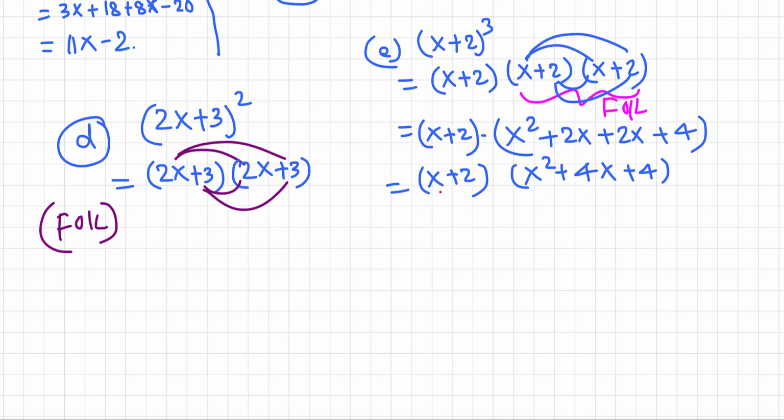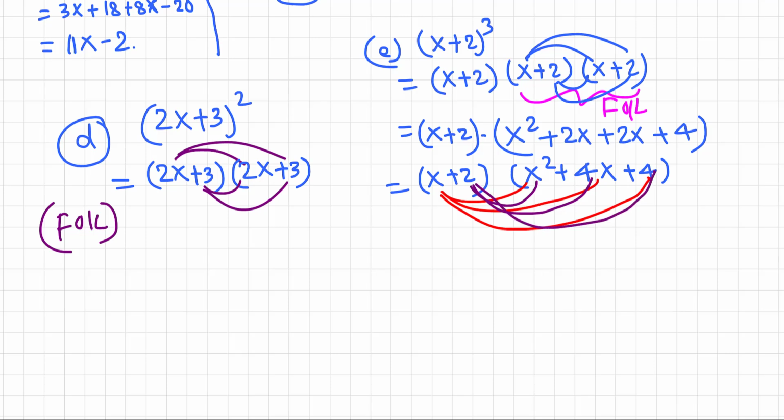So you multiply x by all 3: x times x squared, x times 4x, x times 4. Then repeat with 2: 2 times x squared, 2 times 4x, 2 times 4.